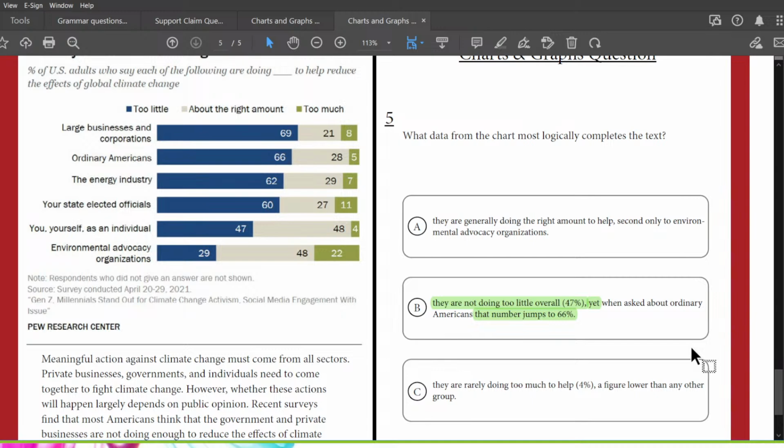And one of the groups is you yourself. They're saying, okay, and how do you feel that you're doing as an individual? One of the individuals also belong to another group in this survey. What is that other group?